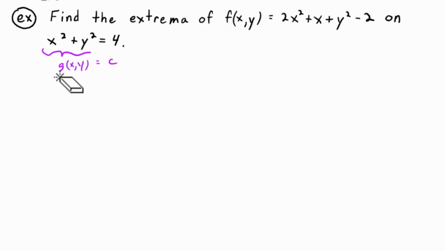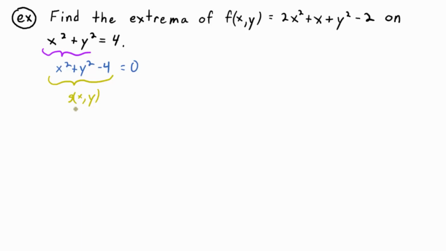However, it would be safer if you subtracted 4 from each side and got 0 on one side, so that you had x squared plus y squared minus 4 equals 0, and you think of x squared plus y squared minus 4 as g of xy and 0 as your constant.